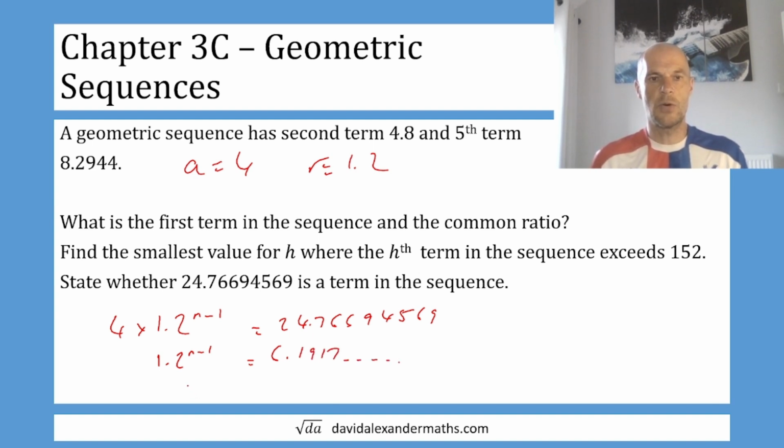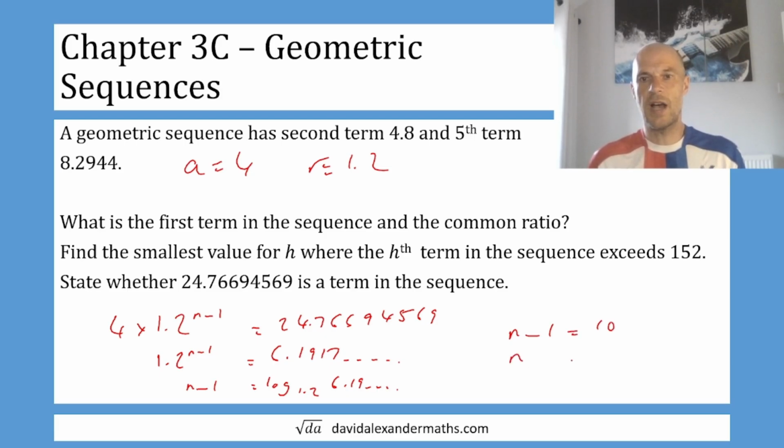So therefore n minus 1 is log 1.2 of 6.19. I will type it in exactly. So log 1.2 of that answer is 10. So n minus 1 is 10. So therefore n is 10 plus 1, 11. So yes, it is a term in the sequence, and that is generated by the 11th term in the sequence.